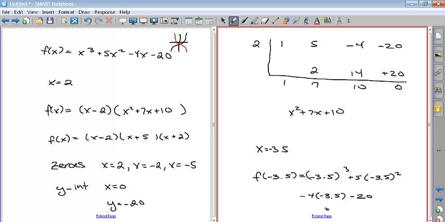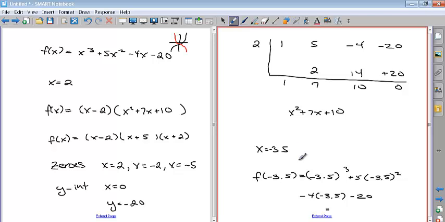Okay, so you try that out, see if you can get the same answer I do. So we get negative 3.5 to the third power plus 5 times negative 3.5 squared minus 4 times negative 3.5 minus 20.